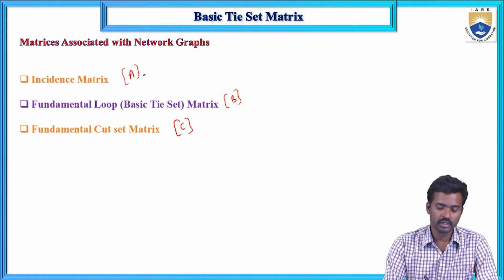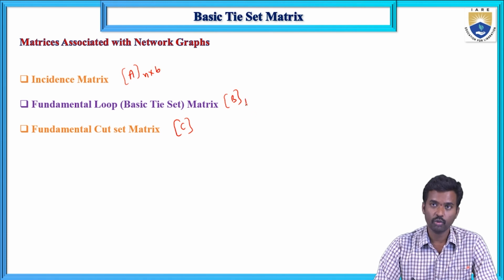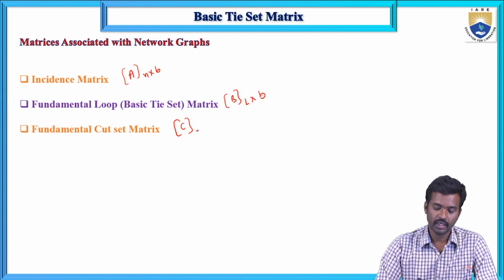The incidence matrix has number of rows cross number of columns, here number of nodes cross number of branches. Here, number of loops cross number of branches. And here, number of F-cut sets, that means number of twigs in a tree, cross number of branches.